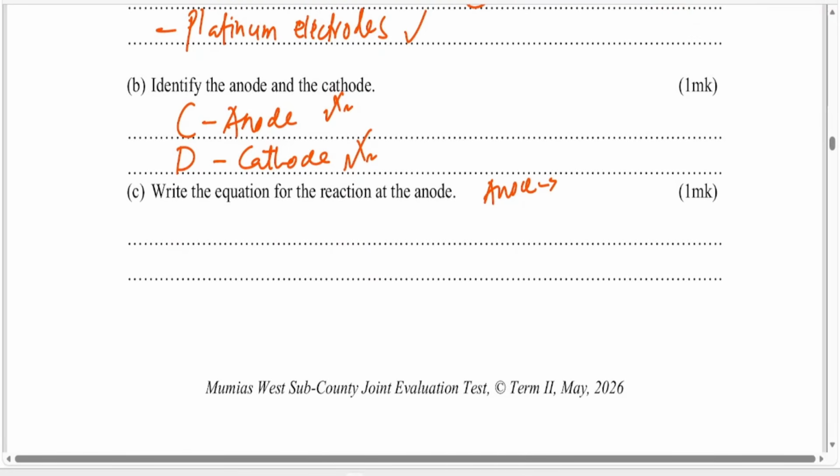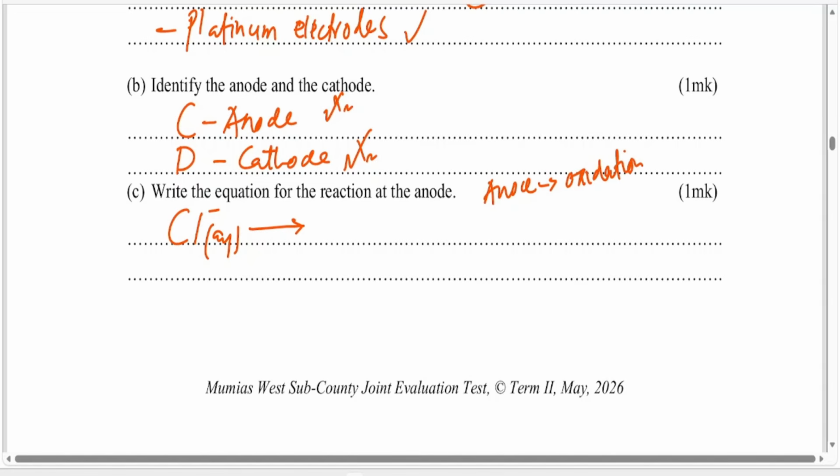So in this case, we begin with chloride ions, which are going to be oxidized. We are going to have chloride ions losing electrons, and we show the loss of electrons by putting an arrow. So the electrons move to the other side. That is oxidation. So for the anode, we have said it is oxidation.